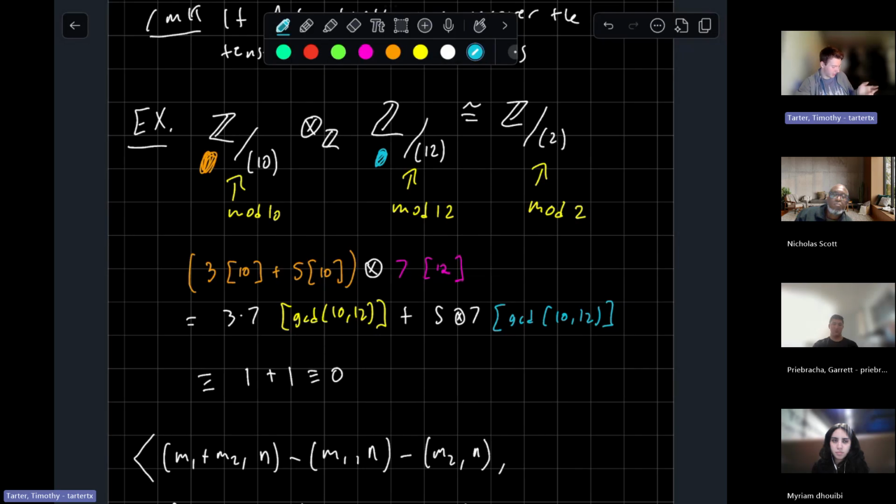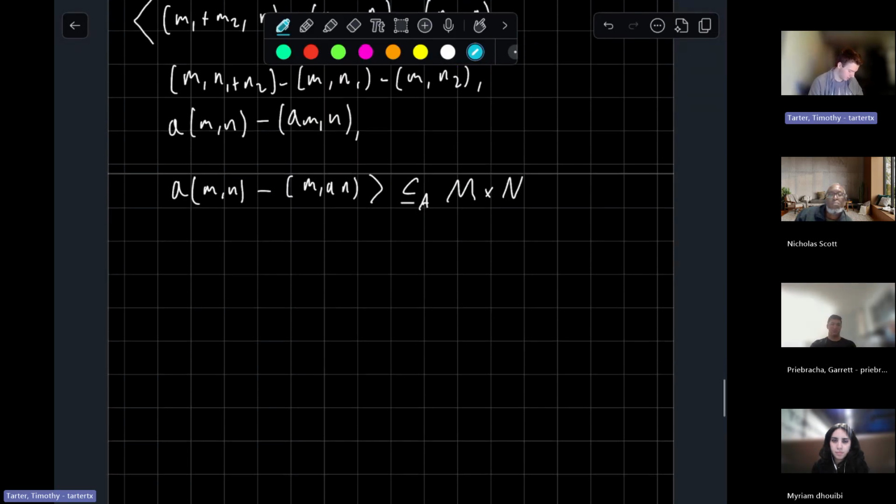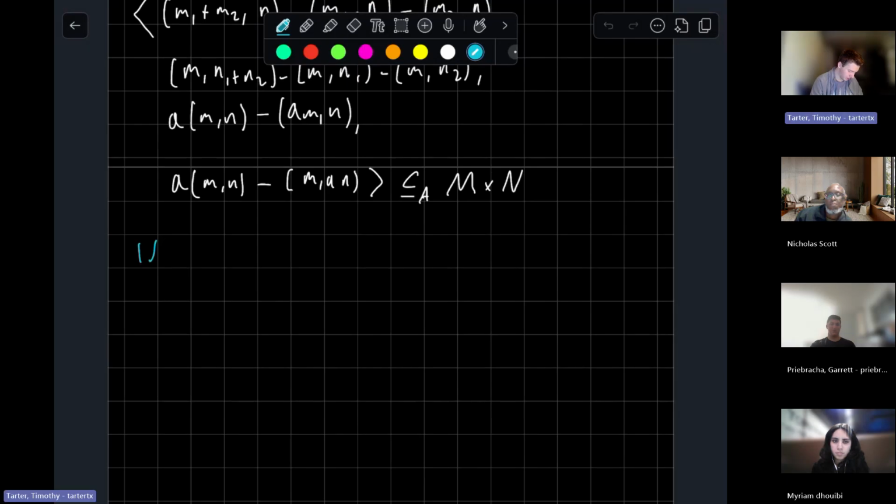So, okay, if both M and N are cyclic, then, I guess I'm going to call this constructing tensor spaces.